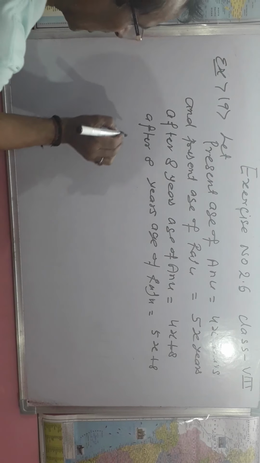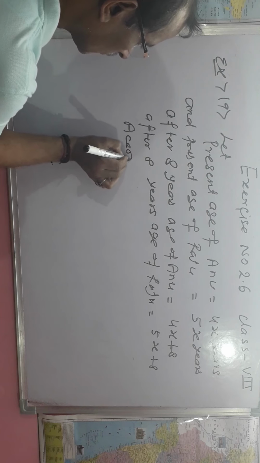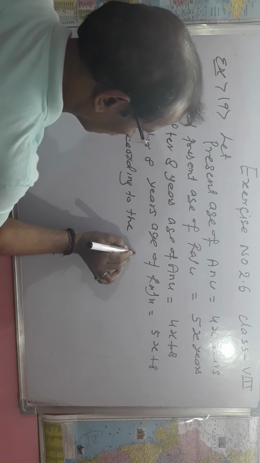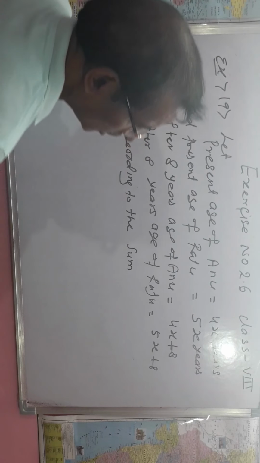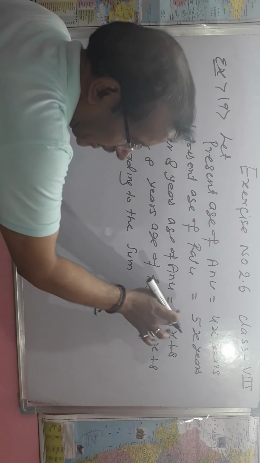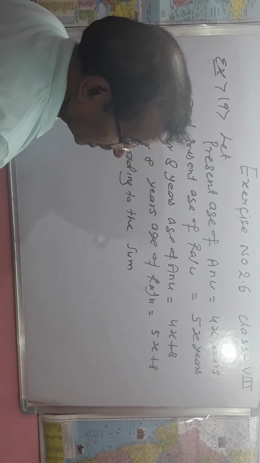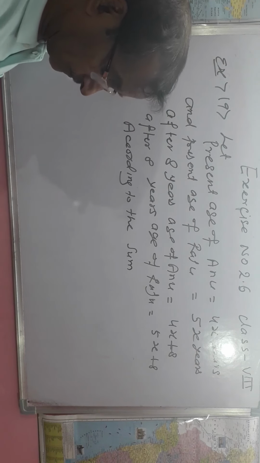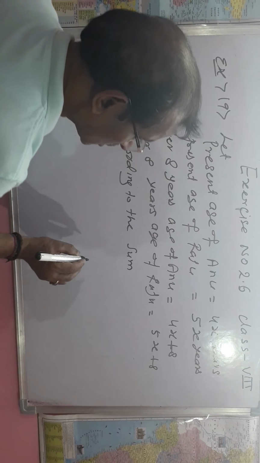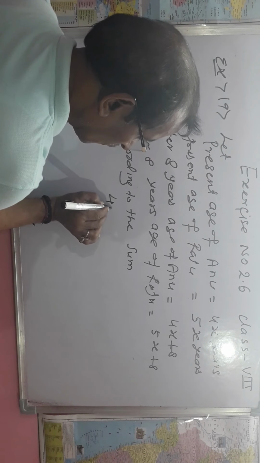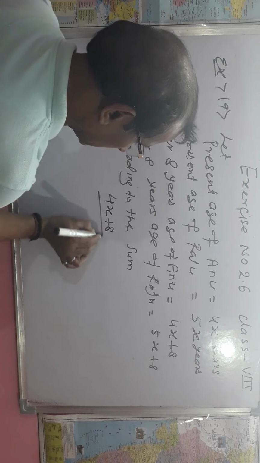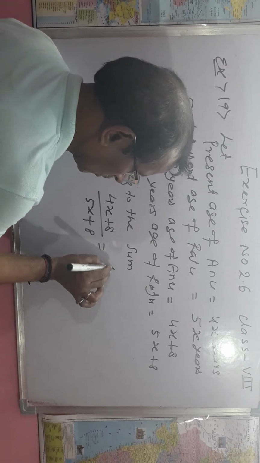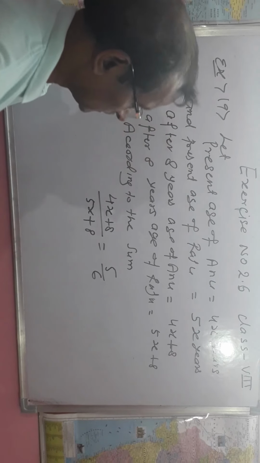According to the question, we can solve the ratio of their ages after 8 years is equal to 5:6. It is given 5:6. It means 4x plus 8 upon 5x plus 8 is equal to 5:6.